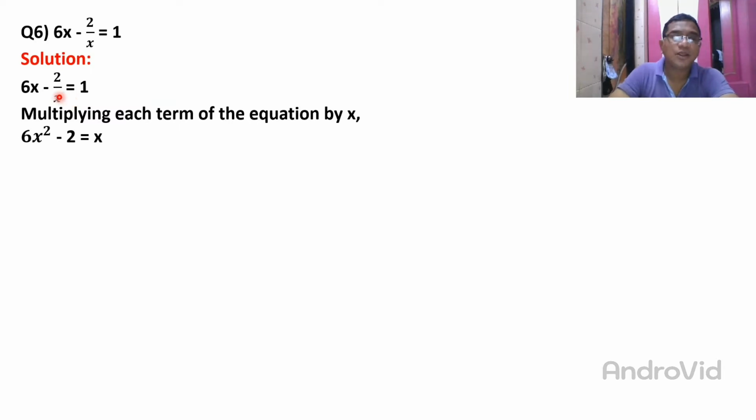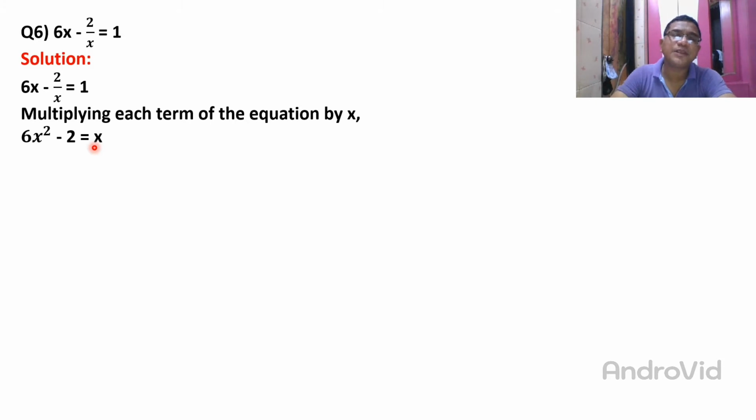So 6x into x, you get 6x square, minus 2 upon x into x, the x cancels. What remains? Minus 2. 1 into x is x, so you are getting x. So 6x square minus 2 is equal to x.